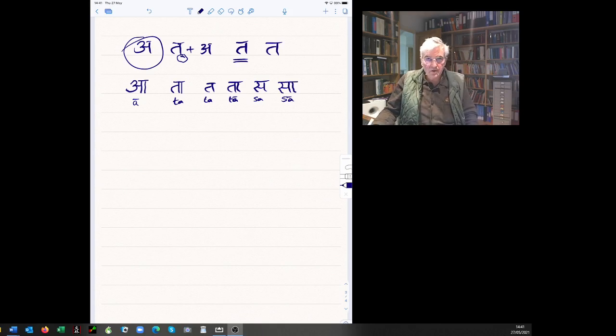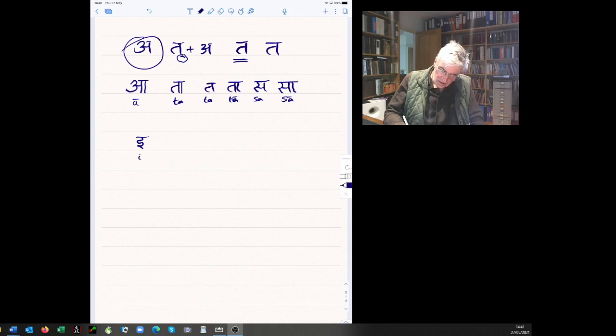Now we will look at how to write the i, the short and the long, the i and the long i. As an initial, that is the i, and the long form of it is the same as the short, but with this little hook on the top. So that crossbar is a little bit too long. There we are.